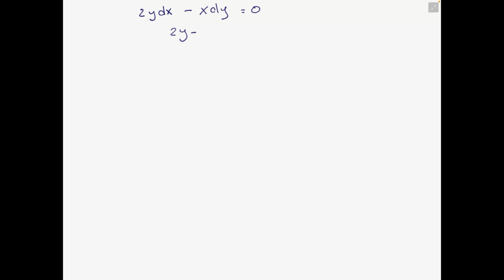So 2y minus x dy/dx equals 0. And if we divide by x throughout, we have 2y on x minus dy/dx equals 0. This means dy/dx equals 2y on x.